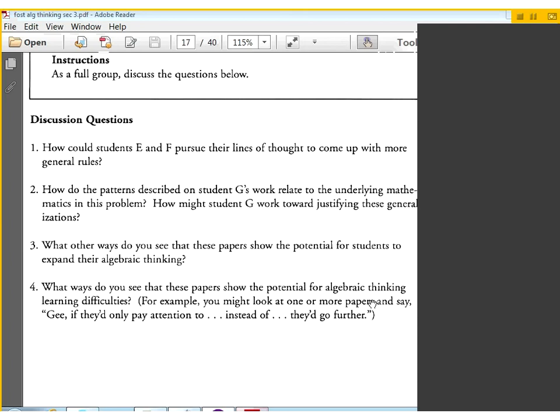what about question 3? What other ways do you see these papers show potential for students to expand their algebraic thinking? They have to put it all together for the big picture.